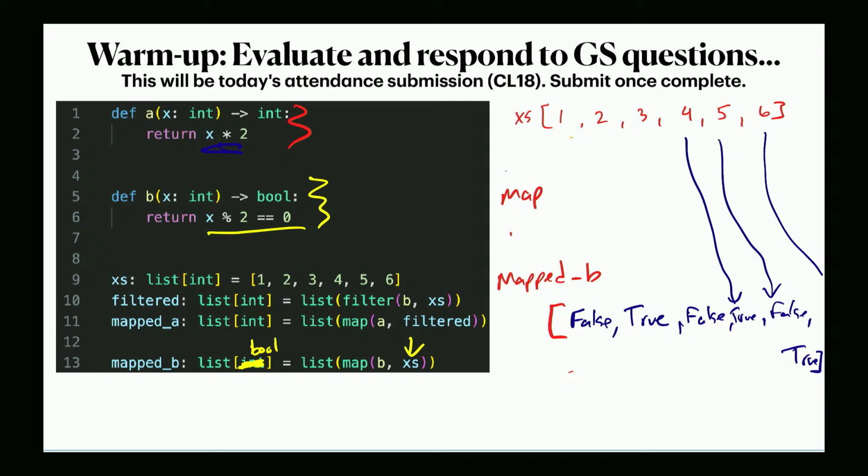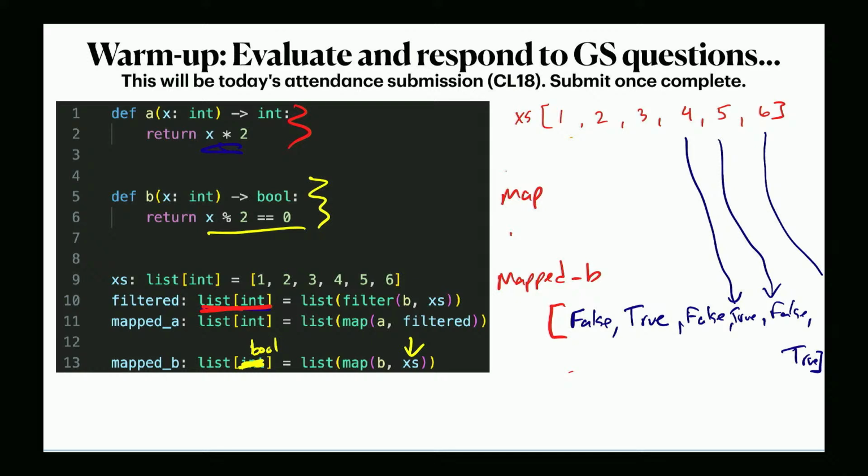Questions on anything we're seeing here? Yep? Great observation. So the question is, does filter always return the type that is in the list? Yes, you're always going to get back, if you have a list of ints and you filter that, int results.